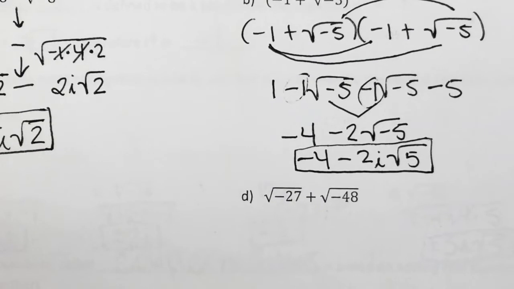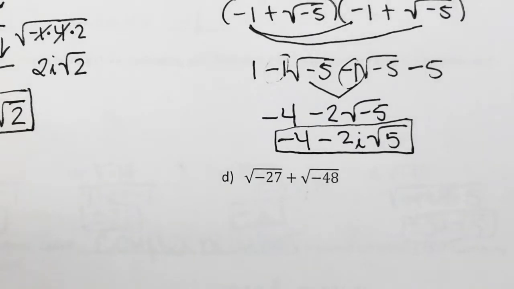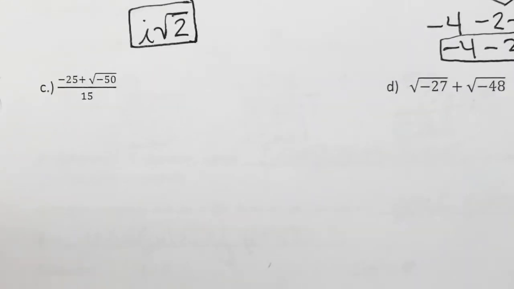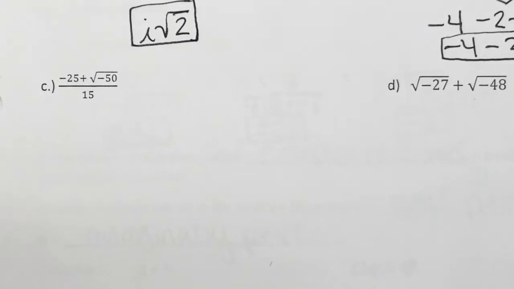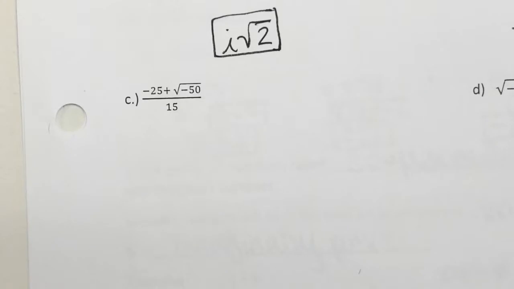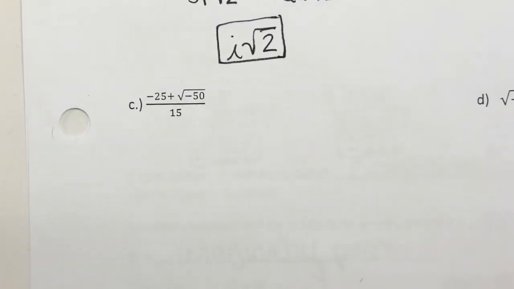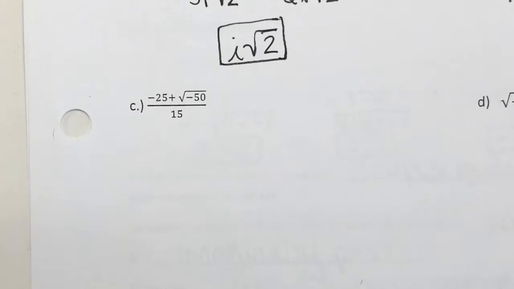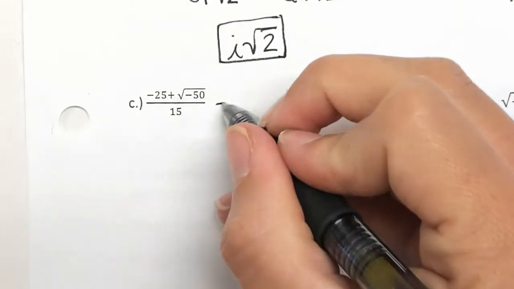All right. Let's look at part C. Then I'm going to let you try D, E, and F on your own. So for this one, what could we do first? Let's break down that negative 50 up there.